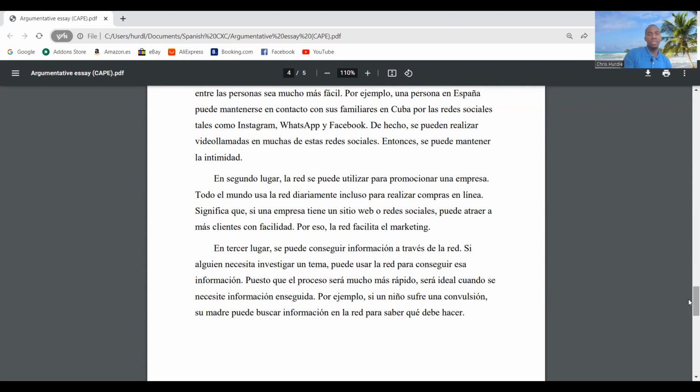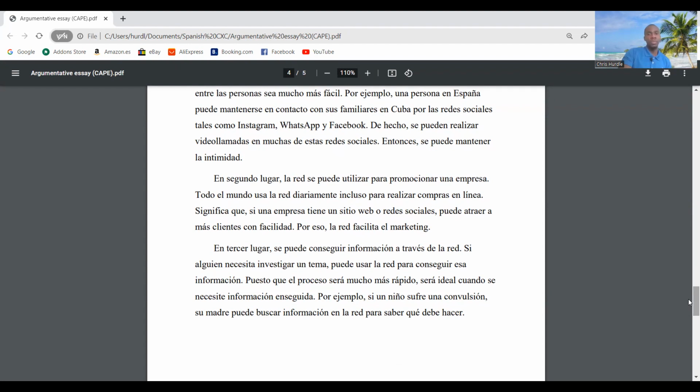If someone needs to investigate a topic, he or she can use the internet to obtain that information. Puesto que el proceso será mucho más rápido, será ideal cuando se necesite información enseguida. Given that the process will be much faster, it will be ideal when information is needed right away.